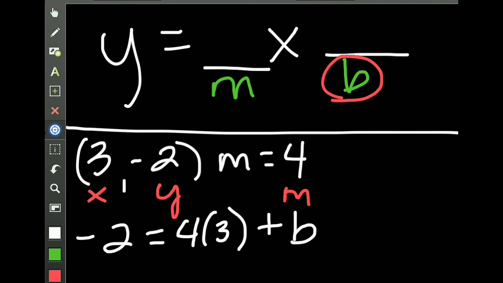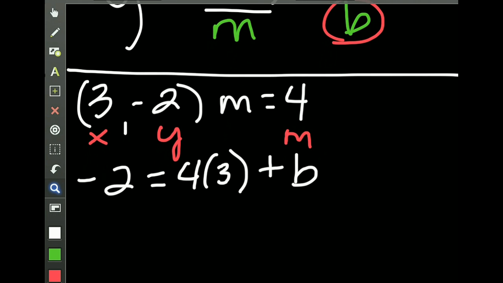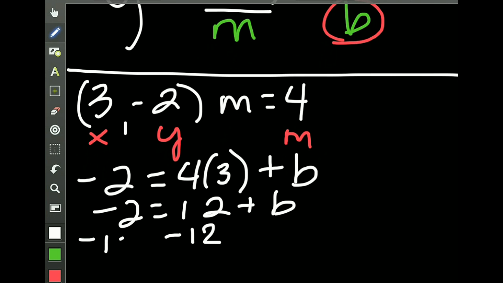So now how do we solve for B? I do the opposite. Brian, you multiply 4 and 3, which equals 12. Good. Then you subtract 12 on both sides, and that equals -14. Negative 14. Thank you.